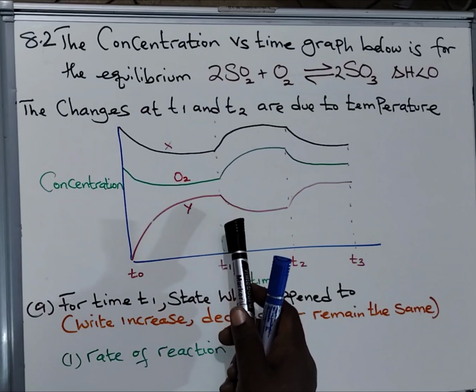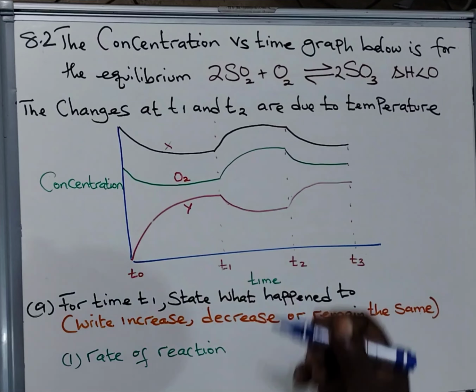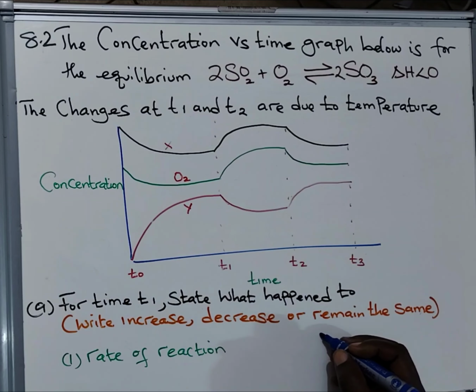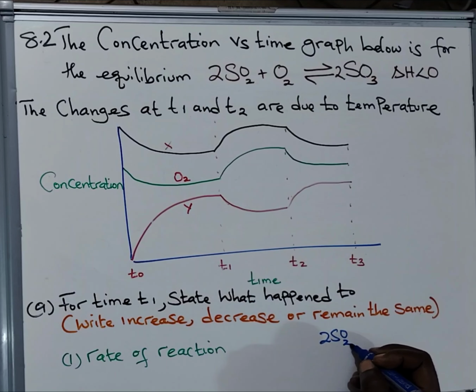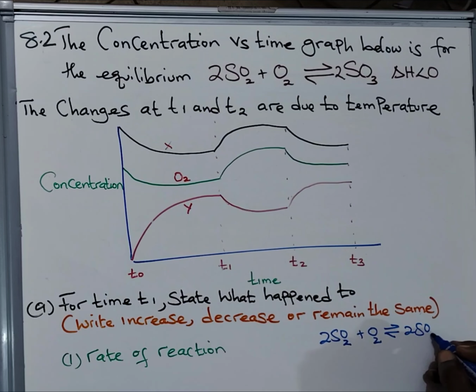So how do we tell whether there is increase or decrease of temperature? You rewrite the equilibrium. It is 2SO2 plus oxygen, giving you 2SO3, enthalpy change less than 0.